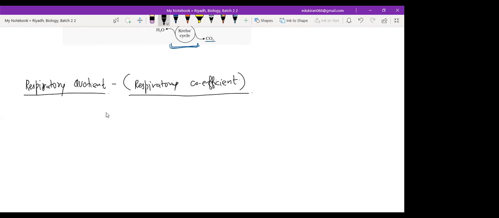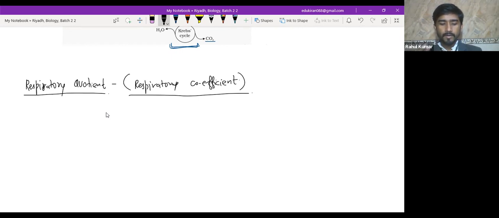So it is the ratio of moles or volume of CO2 produced to the moles or volume of oxygen consumed during complete oxidation of a metabolic fuel.